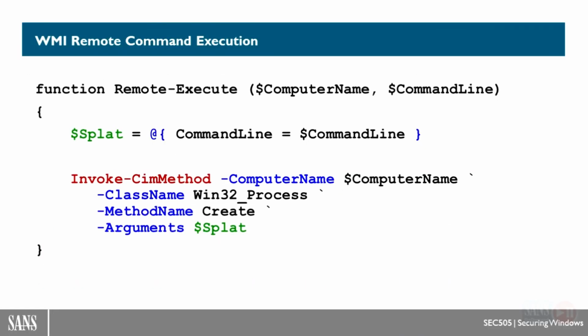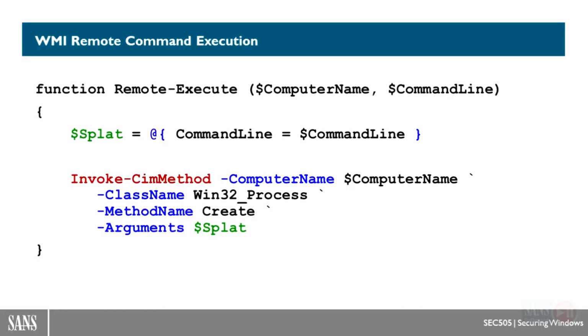Well, not only can we terminate processes, we can also launch processes. In other words, we can use WMI for remote command execution. With the remote execute function, you give the name of the remote machine and the command line, including any arguments that you want, used to create the process. As we talked about earlier this week, there's a special type of array called a hash table. And hash tables are created with the @ symbol and a squiggly brace, not an @ symbol and parenthesis.